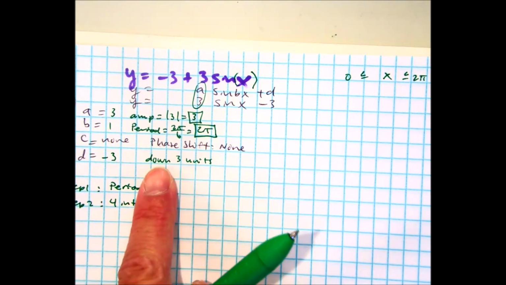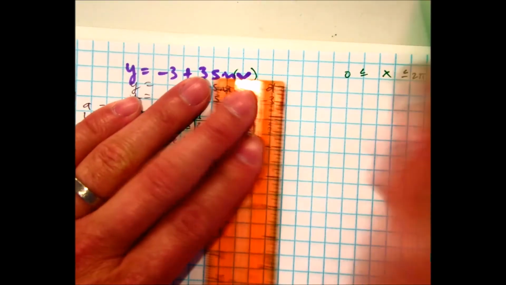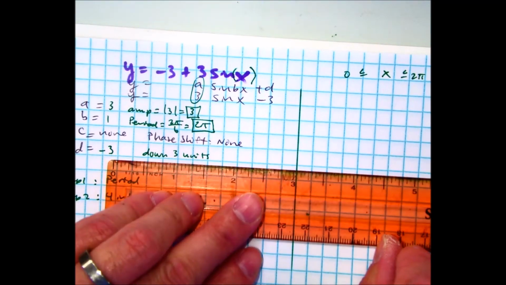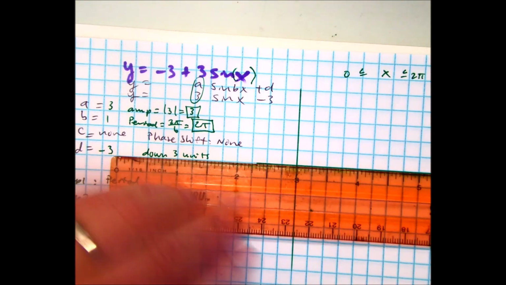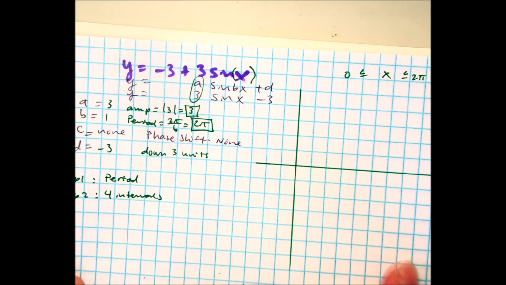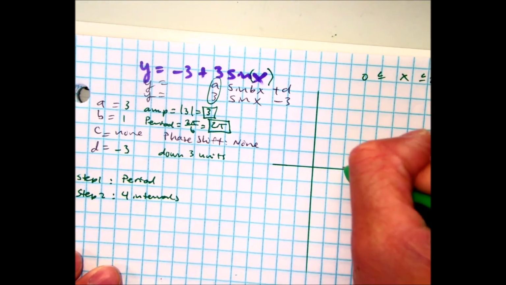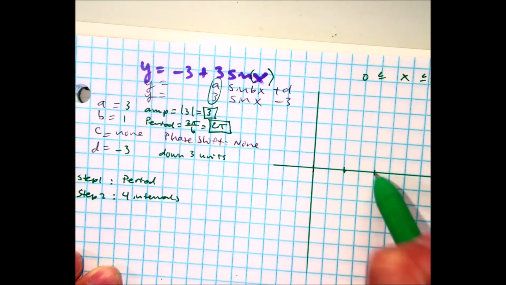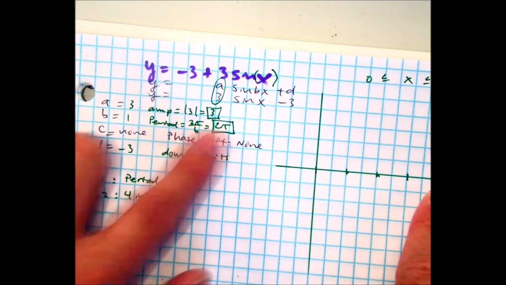So go ahead and look ahead and predict, well, if I'm going to go down 3 units, I gotta give myself lots of space below. So 1, 2, 3, 4, 5. Here's 2 pi.